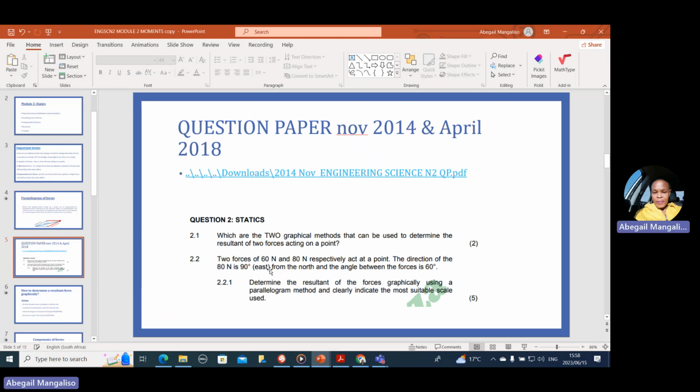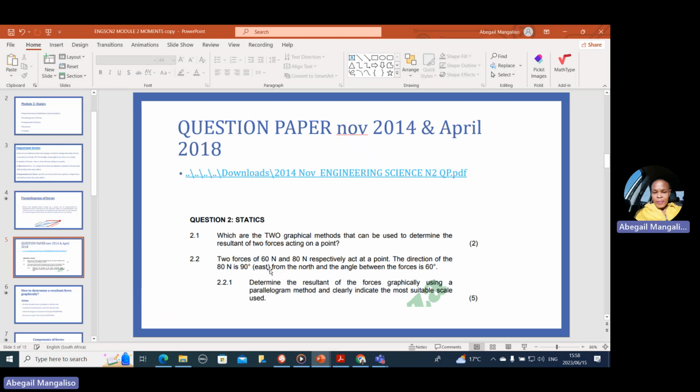The direction of the 80 newtons is 90 degrees east from the north, and the angle between the forces is 60 degrees. So from here, you measure 60 degrees and you sketch the second force, which is 60 newtons.